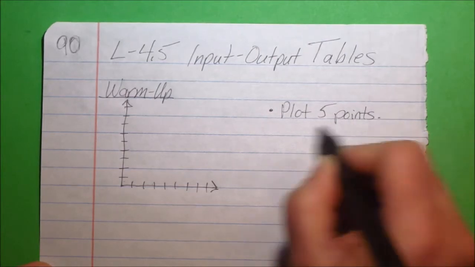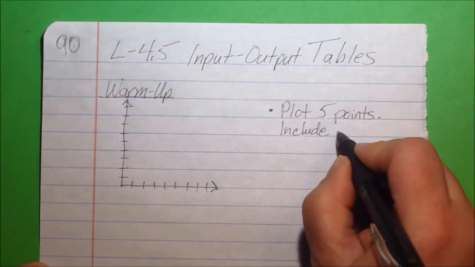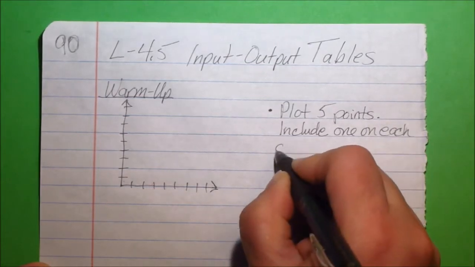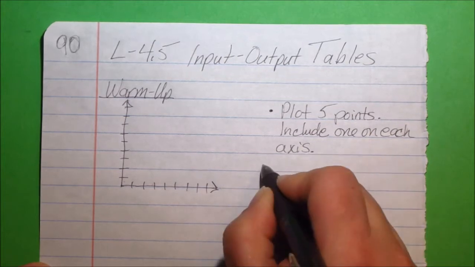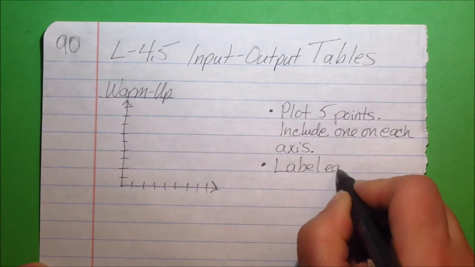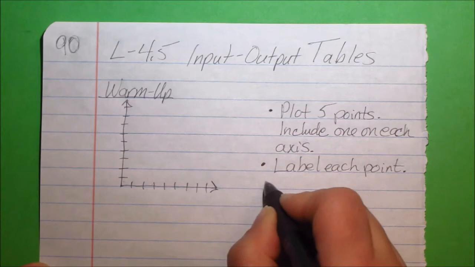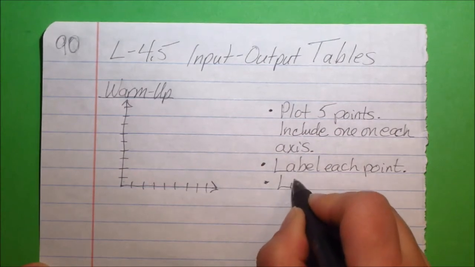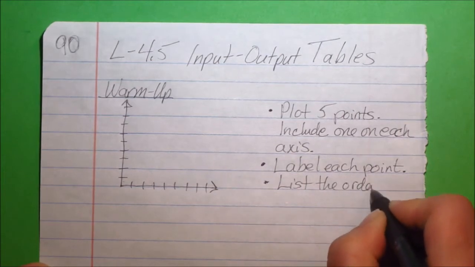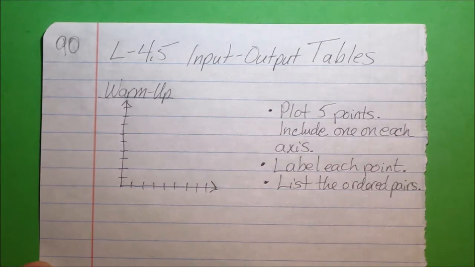Include one on each axis. Label each point and list the ordered pairs. All right, so that's the warm-up.